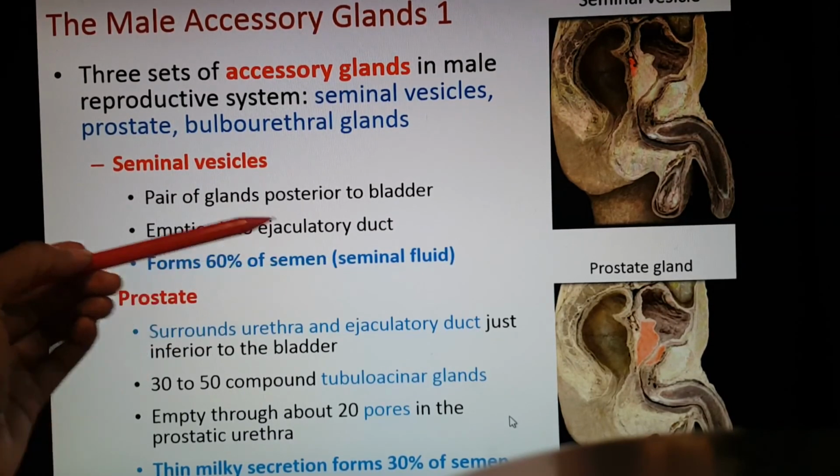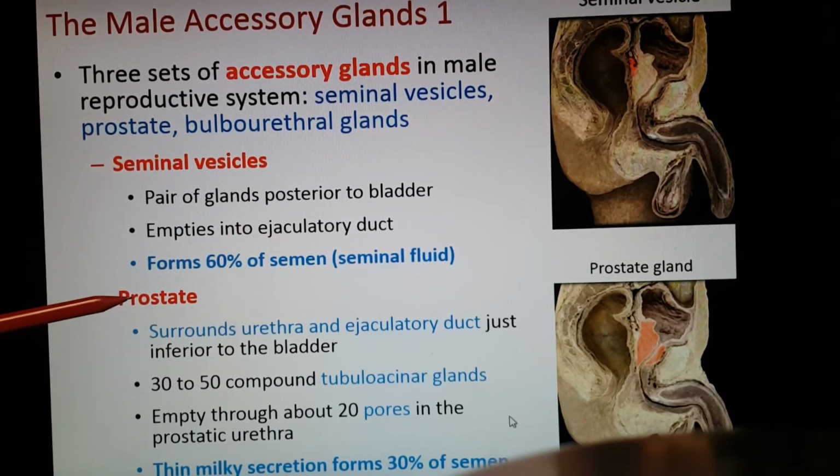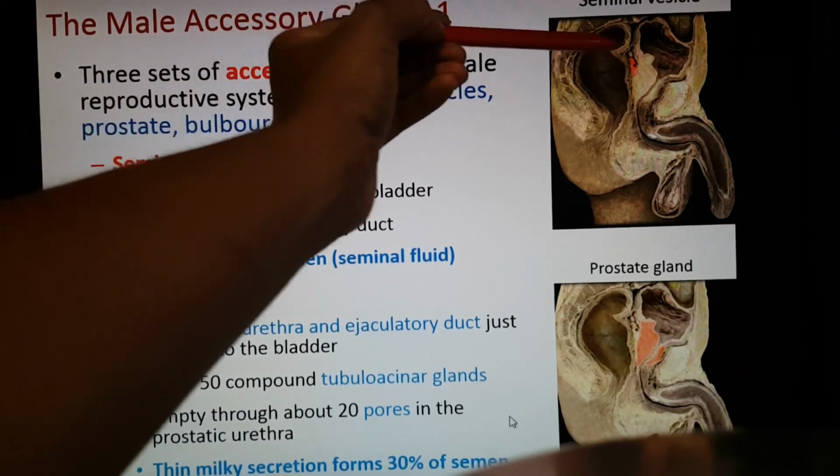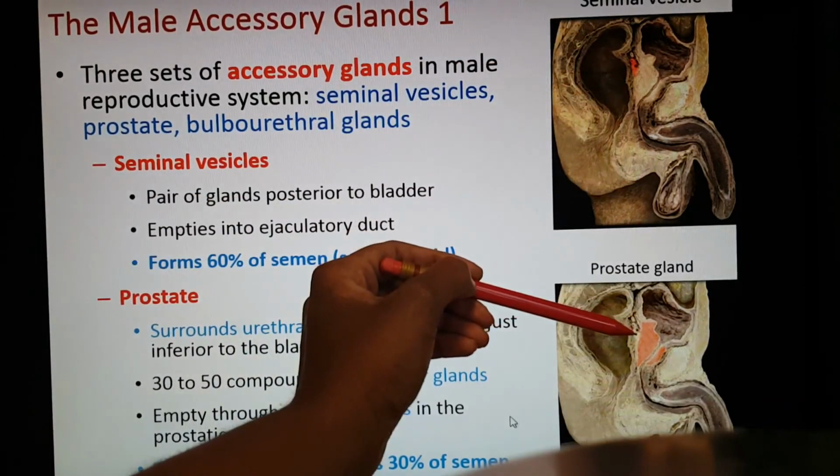And then the prostate gland, which is here, makes another portion of your semen, which is a thin, milky secretion. About 30% of your semen is made from the prostate gland. So up here, seminal vesicle, down here, prostate gland.